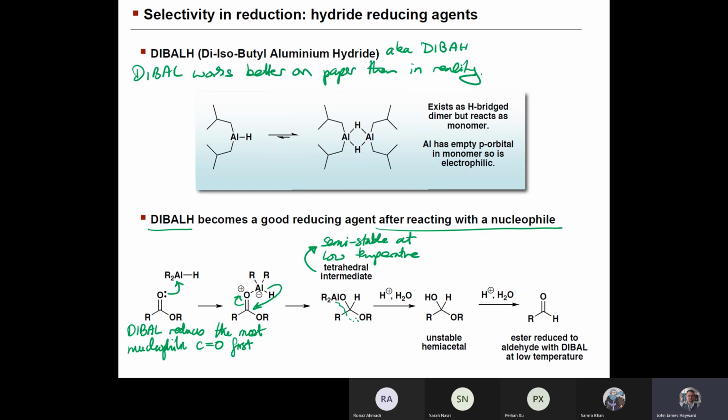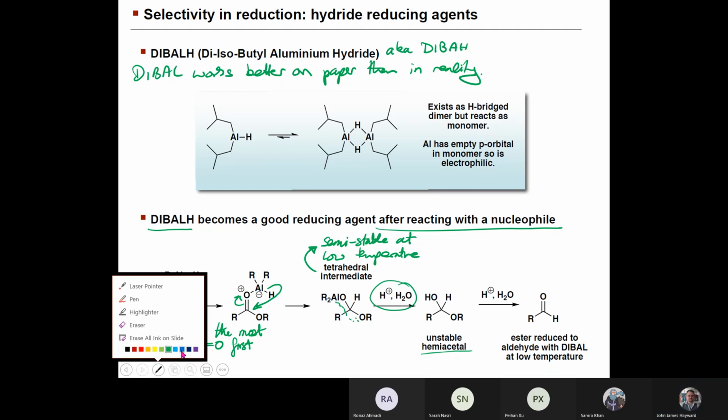This intermediate is not electrophilic, so it's only upon quenching with acid and water that you get a proper hemiacetal, which can then break down. That's the theory. It doesn't always work great because, unfortunately, sometimes the breakdown happens on its own anyway.